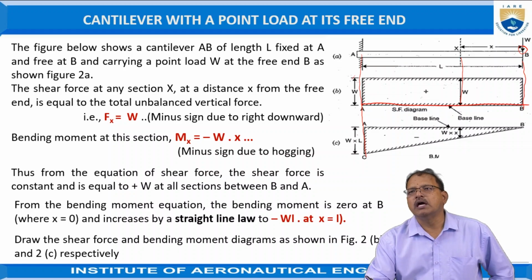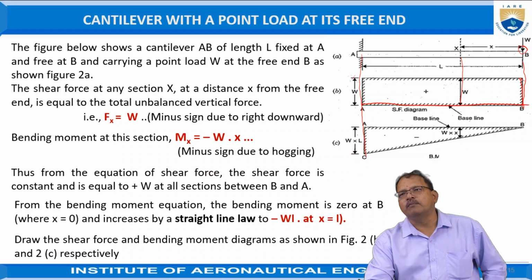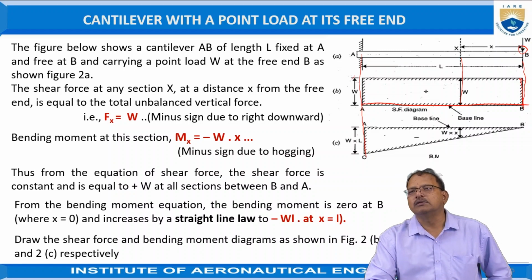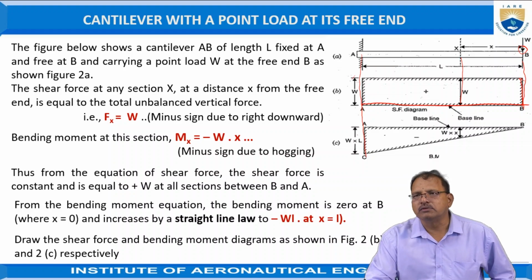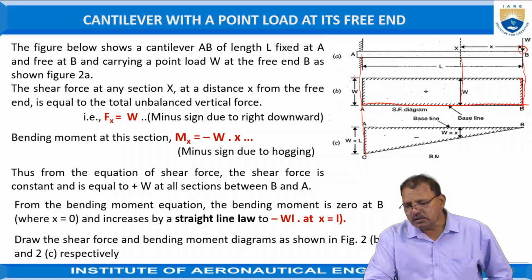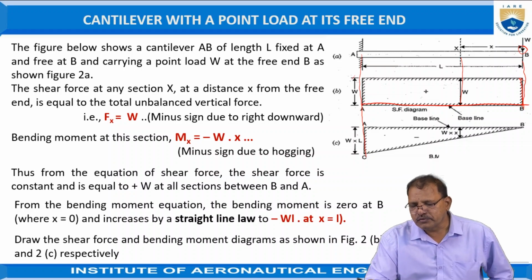At B, the unbalanced force is equal to W, acting in the downward direction. Hence it is positive, so it is represented vertically upward. According to the chosen scale, generally 1 centimeter is equal to 1 Newton, it is represented vertically upward.